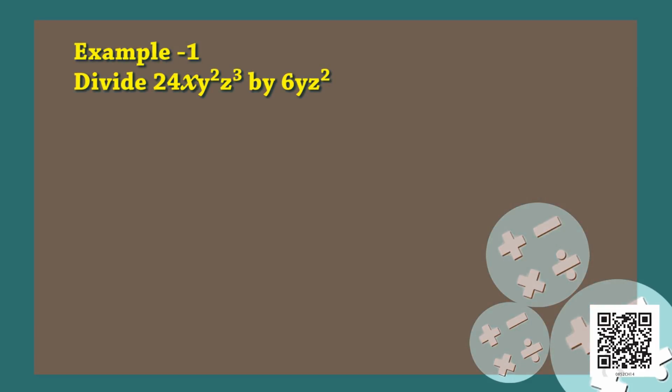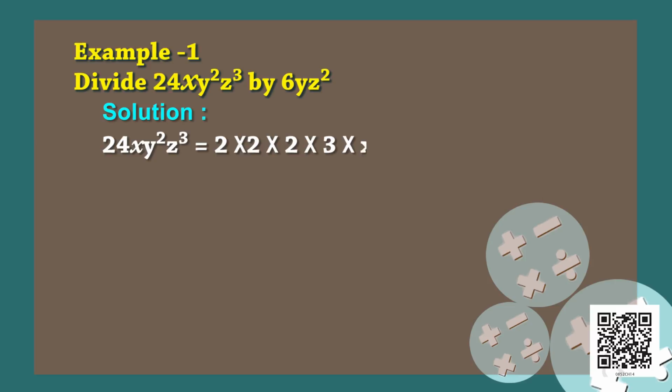Example 1: divide 24x y square z cube by 6y z square. First, we write both the given terms in the irreducible form. 24x y square z cube is equal to: 24 can be written in the irreducible form as 2 into 2 into 2 into 3, into x into y. y square is y into y, and z cube is z into z into z.